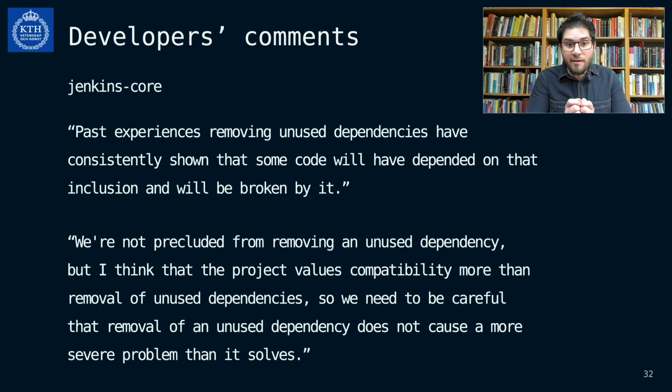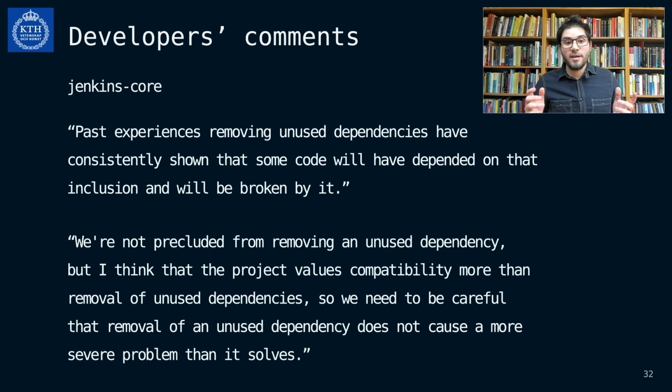What we can learn from this example is that bloated dependencies should be removed as soon as they appear, because otherwise some clients may depend on them and it will be more difficult to take action without breaking those clients.